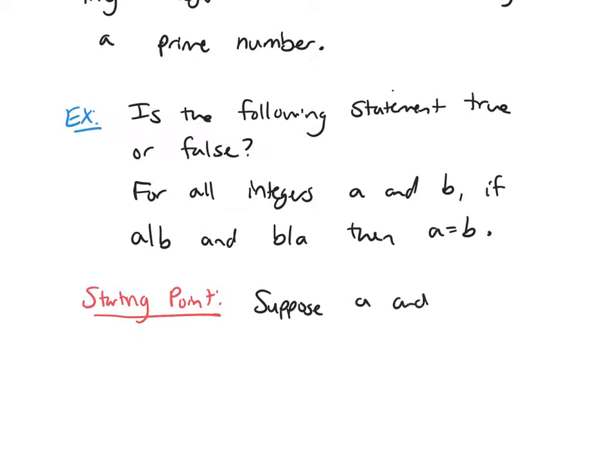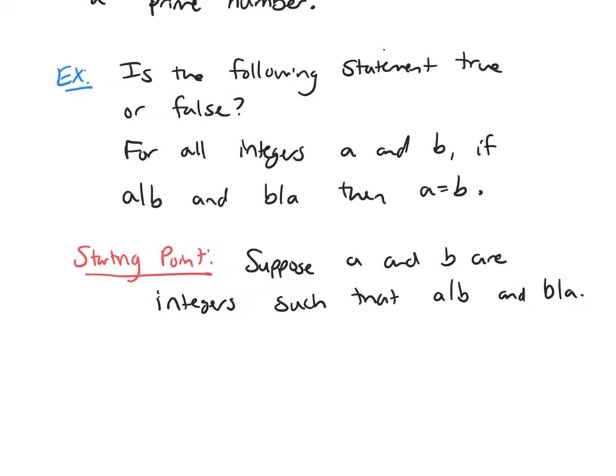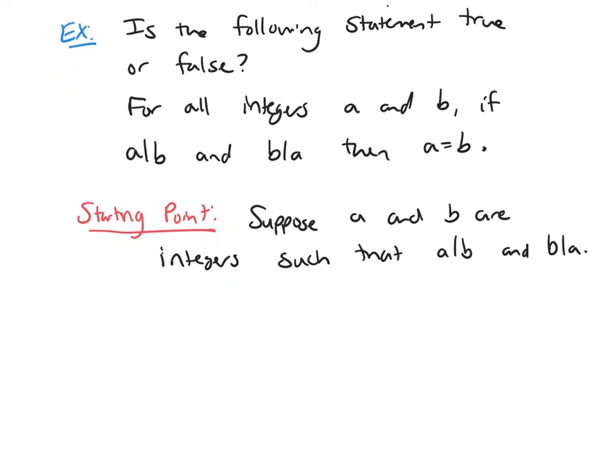Suppose a and b are integers such that, remember, you need to satisfy the if condition, a divides b and b divides a. So if it was true and if you were proving it, that would be the first sentence of your proof. So from here, you've got to ask yourself, must a equal b?